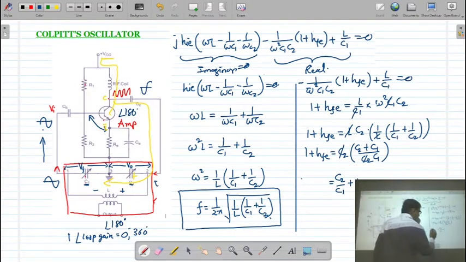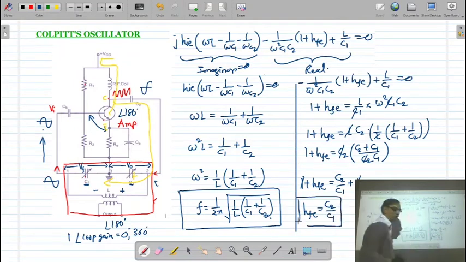And on this side we have 1 plus HFE, so this is going to be cancelled. So HFE is equal to C2 by C1. Means whatever transistor we are selecting, the C2 by C1 ratio has to be greater than the HFE of the transistor. Then only you will get a sustained oscillation.